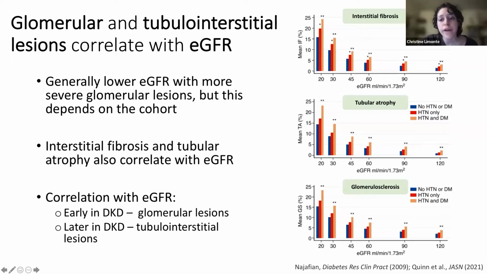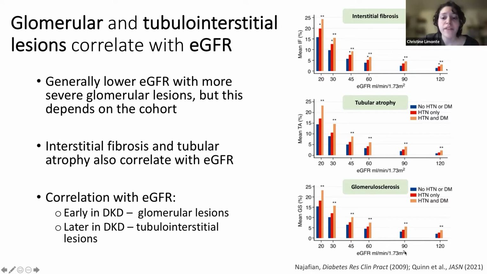The figure on the right shows data from a study of almost 900 adults who had nephrectomies, who had a history of diabetes and hypertension, both or neither. And overall, across the board in these three groups, lower eGFR was seen with more severe lesions, interstitial fibrosis, tubular atrophy, and glomerulosclerosis.